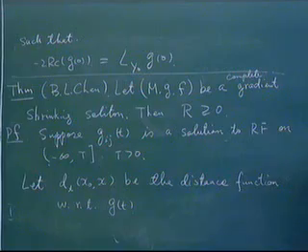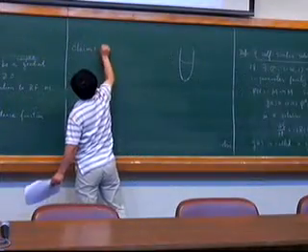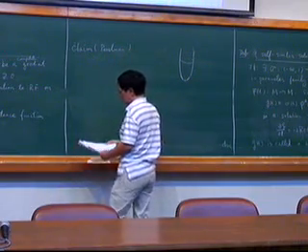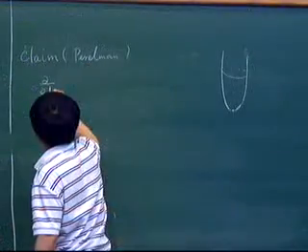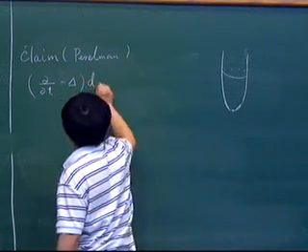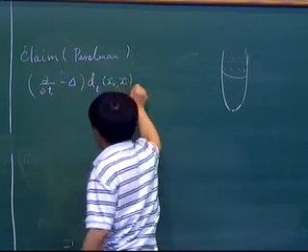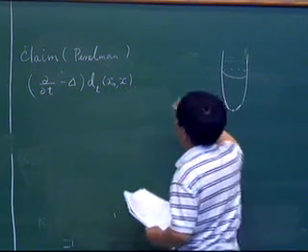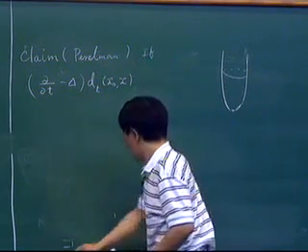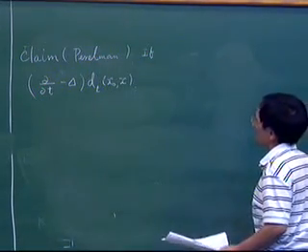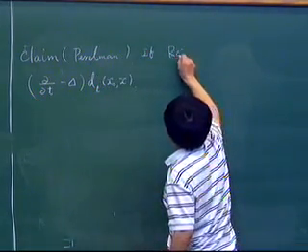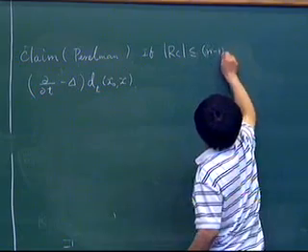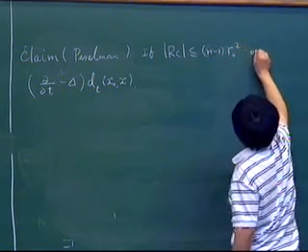We claim that, actually not we claim, it's Perelman who proved the estimate for this if Ricci is bounded.